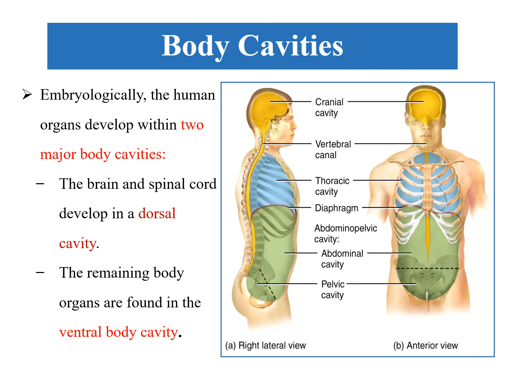The organs in the human body are located in any of two major body cavities. What is a body cavity? A body cavity is simply a space that encloses an organ.